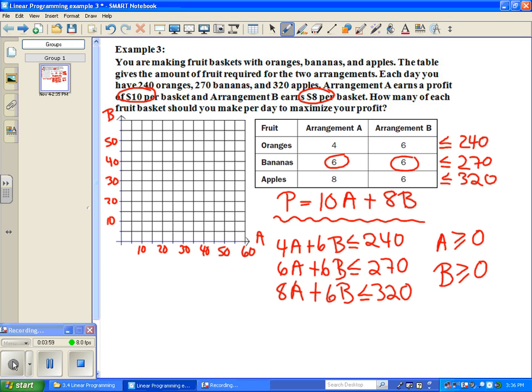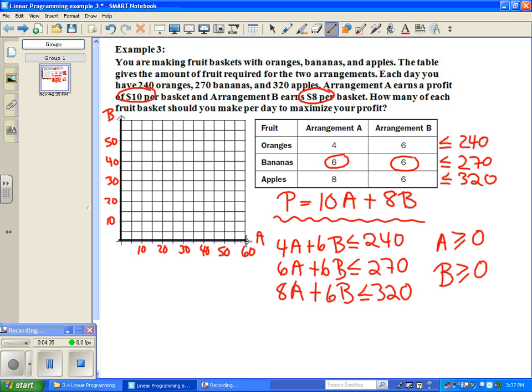The first thing we're going to plot is A greater than or equal to 0 and B greater than or equal to 0. So here's our first one, A greater than or equal to 0. Here's our B greater than or equal to 0. So arrangement A and arrangement B have to be in this first quadrant.